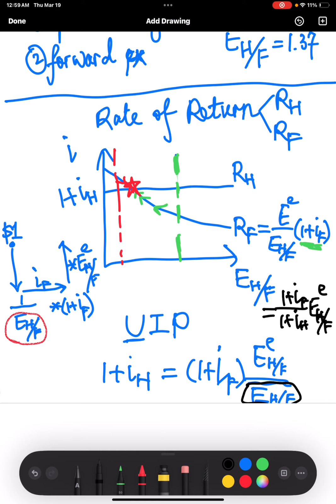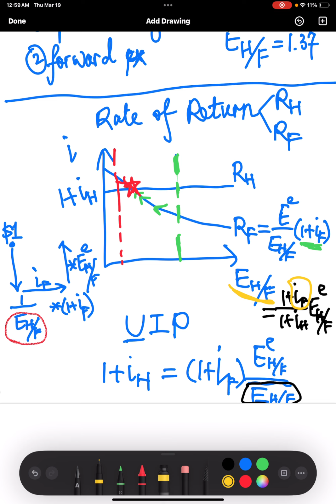So from this formula, you can see that whenever your foreign interest rate goes up, your exchange rate today goes up too. Which means that if the foreign interest rate goes up, your home currency will depreciate.